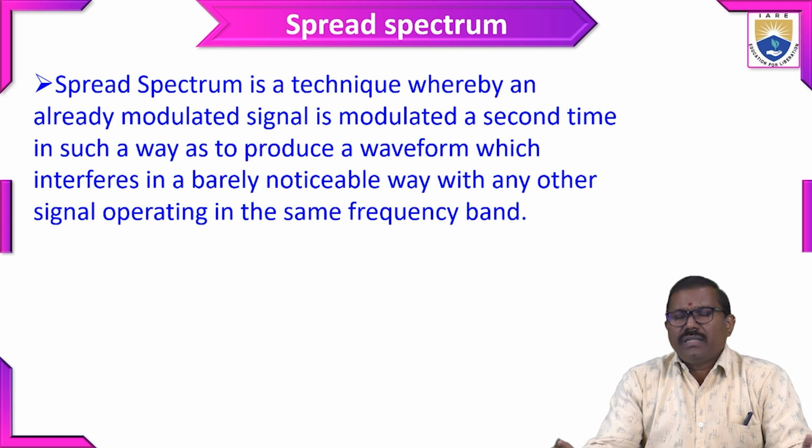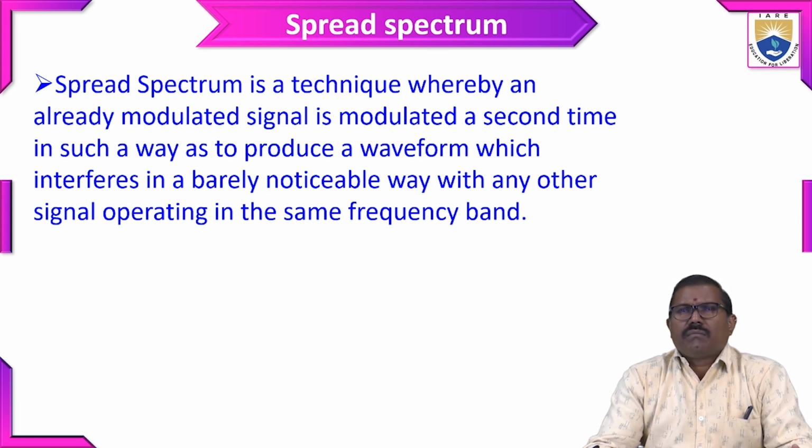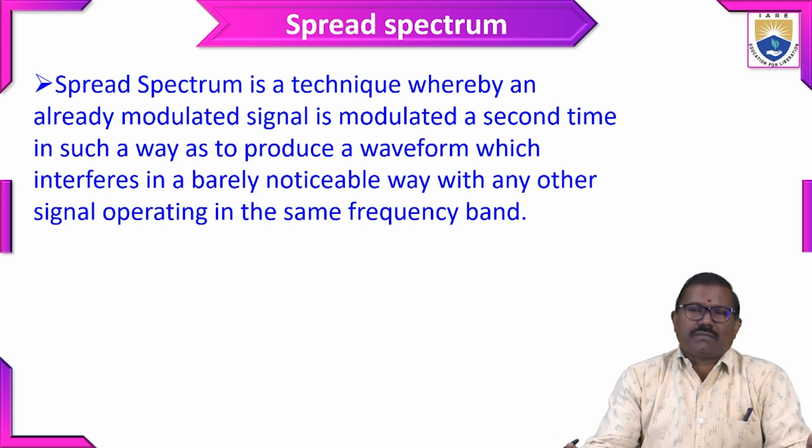In technical terms, spread spectrum is a technique whereby an already modulated signal is modulated a second time in such a way as to provide a waveform which interferes in a barely noticeable way with any other signal operating in the same frequency band. So our aim is to spread the spectrum.